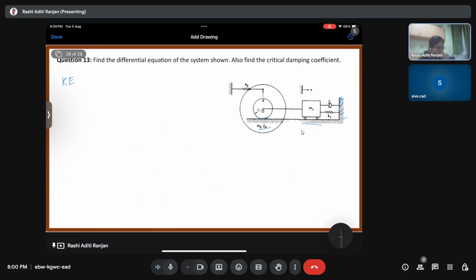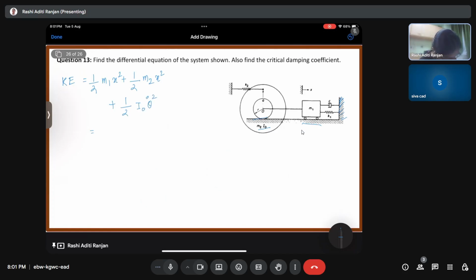Okay. So if we now try to write the total kinetic energy in terms of, let us say, theta, how do we write? So we have half m1 x dot square plus half m2 x dot square plus half I theta dot square. I want to change x in terms of theta.